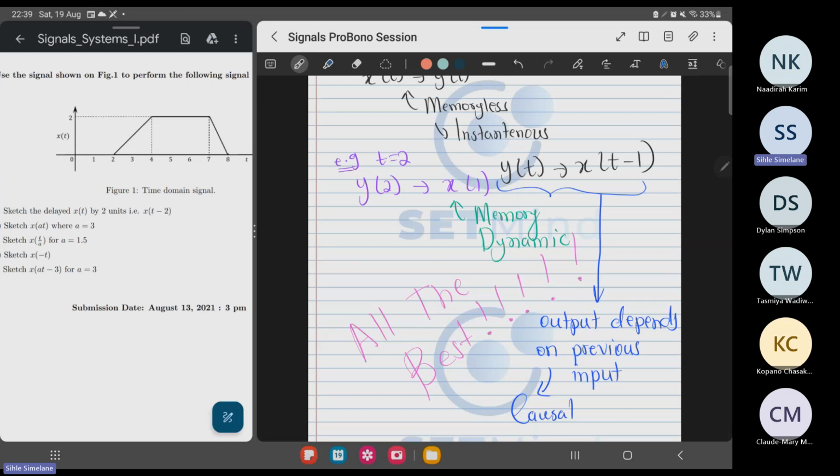But at the same time, I'm scared to say if a system is dynamic, then it means it is non-causal, and otherwise. I think look at what we said earlier about dynamic systems, and then you also look at causal systems separately. Maybe so there's, let's say, dynamic, causal, instantaneous, non-causal.